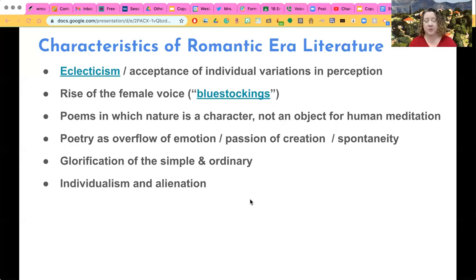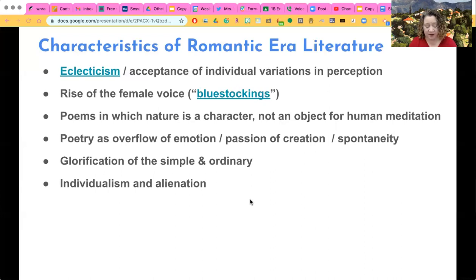Individualism and alienation goes back to the image that I showed you at the beginning of the slideshow. Because of this individual perception and people creating, there's a lot of individualism that's accepted. Different people went different ways with their freedoms.